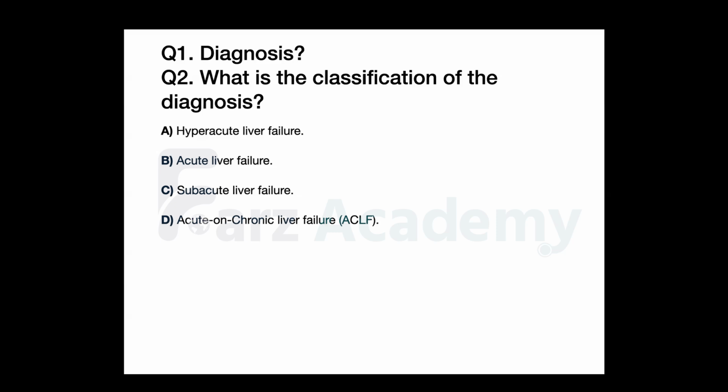And when they make this kind of classification, there is a reason: either a prognostic reason or a treatment-related reason. So it is very important for us to know why acute liver failure has been further classified as hyperacute, acute, and subacute, and we need to know the definition.